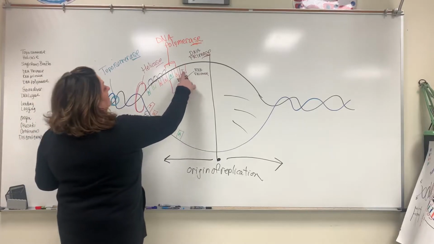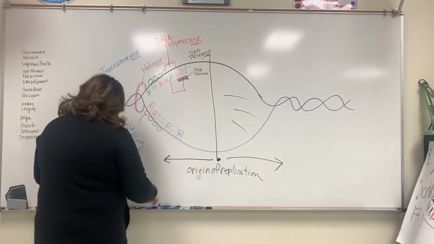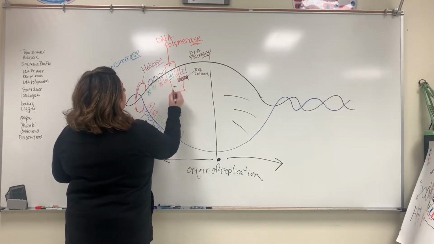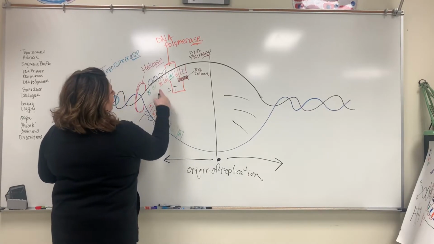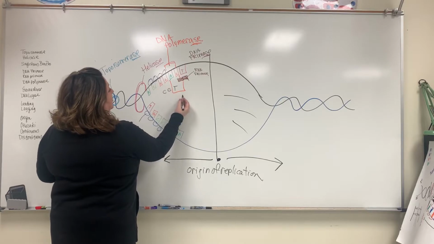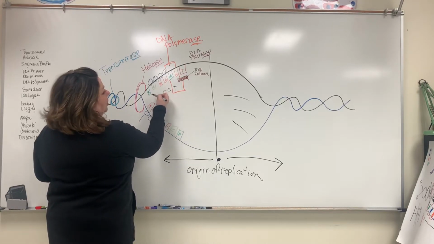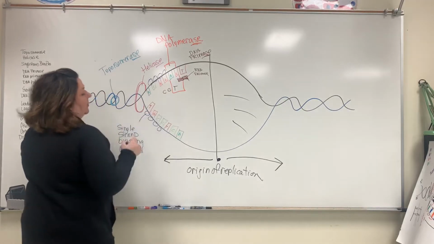So for example, this is an A, he's gonna have to put a T here. And this is a G, he has to find a C and put it there. This is a G, needs another C. So basically DNA polymerase is gonna sit here and start working in this direction, okay?